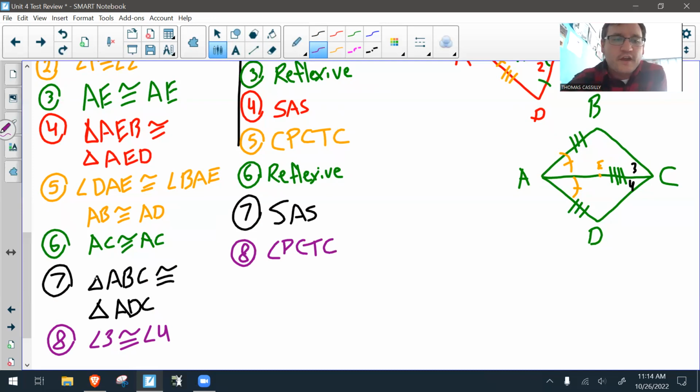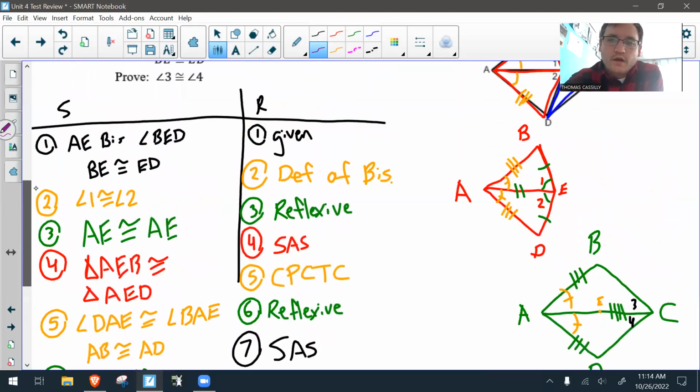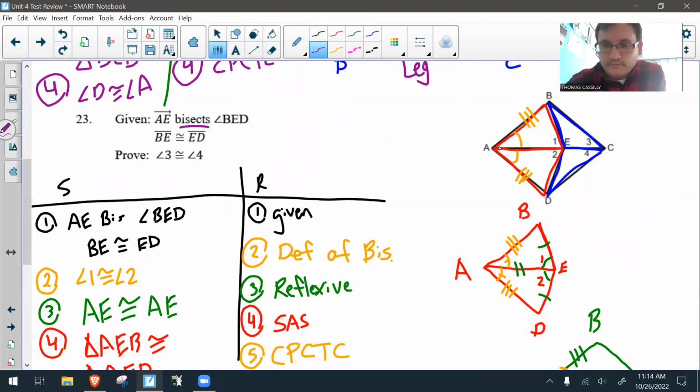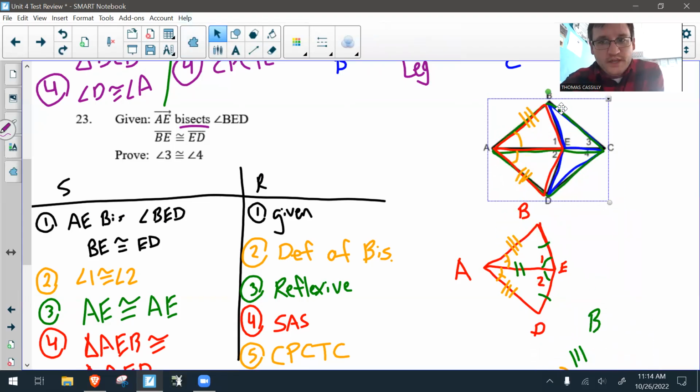All right, so let's just kind of recap. There's a lot going on there. There are 8, maybe 9 steps. If you broke up step 5 into 2, that would be okay. We started with a red triangle, because the given had a lot of information having to do with the red triangle. We showed that the red triangles were congruent. And then what we did is we looked for pieces of the red triangle that were in common with the green triangle, which was angle BAE and angle DAE.